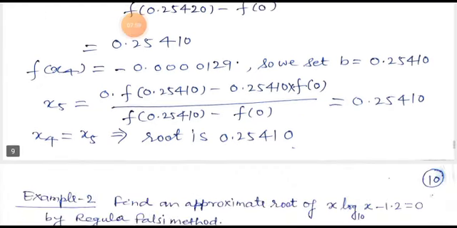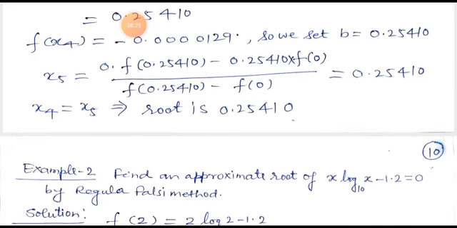Now the calculated value at the point x4 and at the point x5 are both the same. Then we can say it is the final iteration, or it is the value of the root by approximation. So the approximation is done in 5 steps.